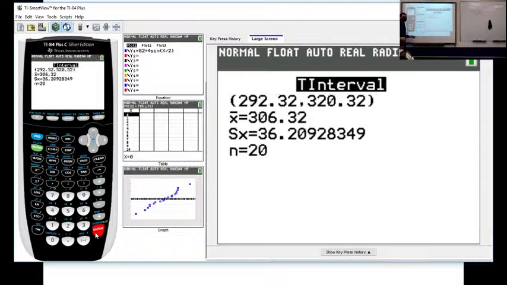And in case you didn't already do one variable stats, it says, here's the mean, here's standard deviation, here was your sample size of 20. And then here's the confidence interval. So it's the same menu in the calculator. The place you're looking is going to be T interval.